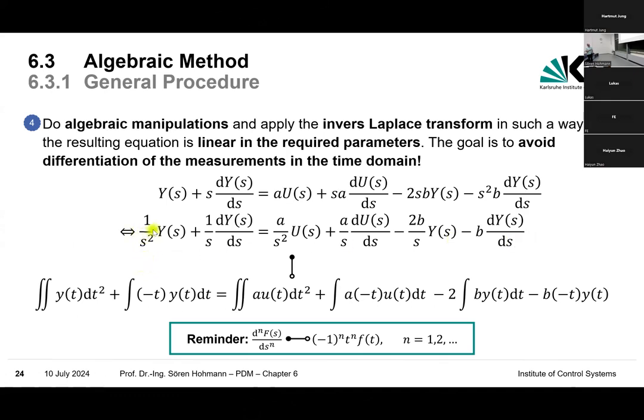And now, 1 over s squared Y(s) is something you can do on your own and say, okay, this is 2 times the integral of y(t). Now this wonderful candidate has to be looked at. This is something which you can look up in your lecture on signals and systems, that the derivative of Y(s) gives minus t y(t) integrated.